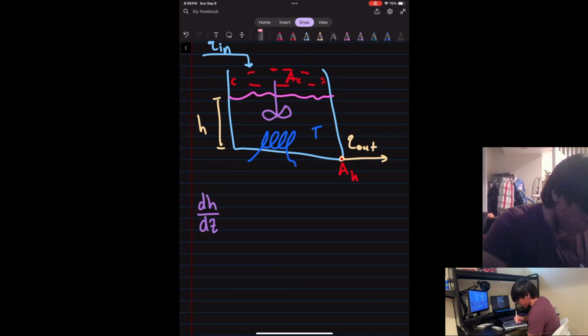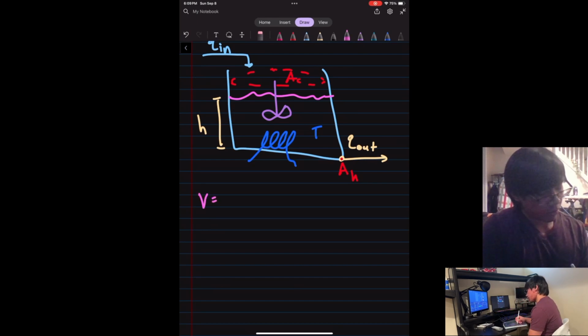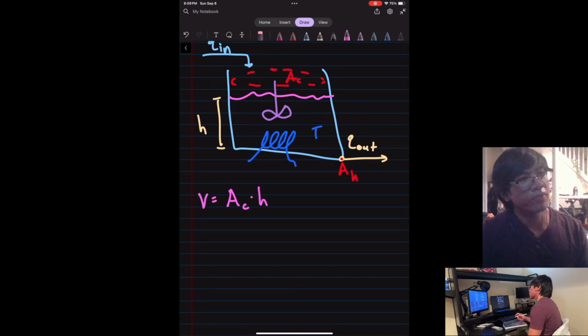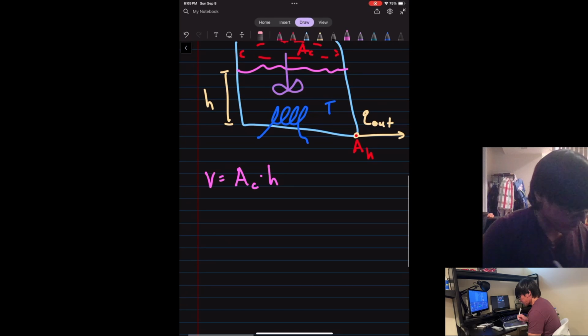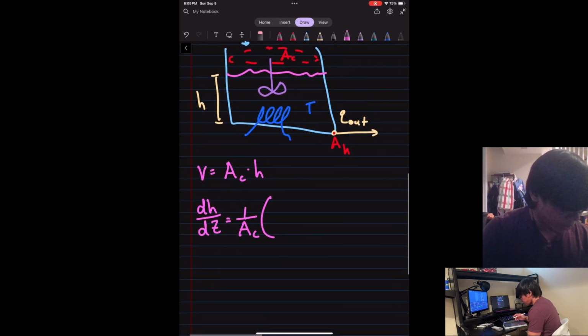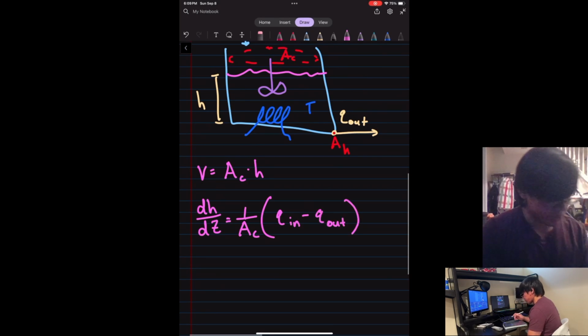Well, actually, let's start with our volume is equal to our cross-sectional area times our height. And then when we derive this equation for the right-hand side, our change in height with change in time, dH over dt, we eventually found that it was equal to 1 over our cross-sectional area times our inlet flow minus our outlet flow. So the difference in our volumetric flow rates.